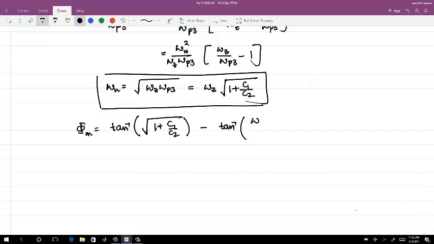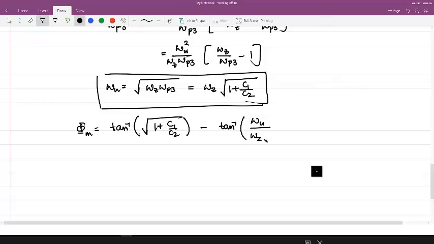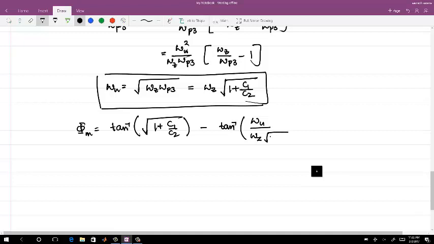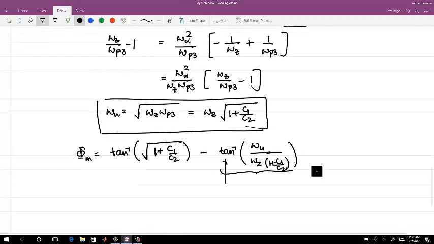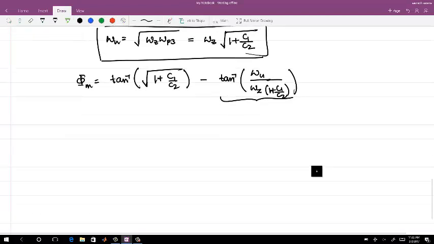So this one is omega u by omega p3, which translates to tan inverse of 1 by under root of 1 plus c1 by c2.